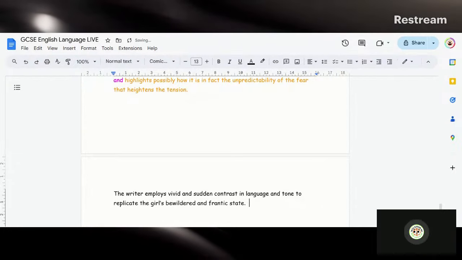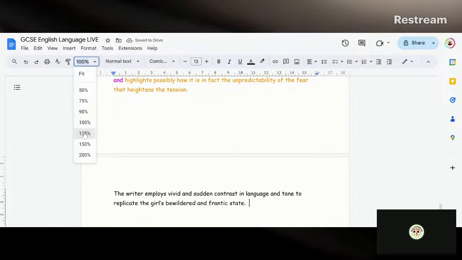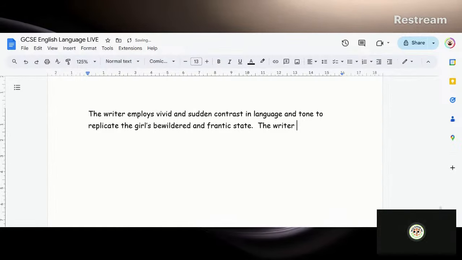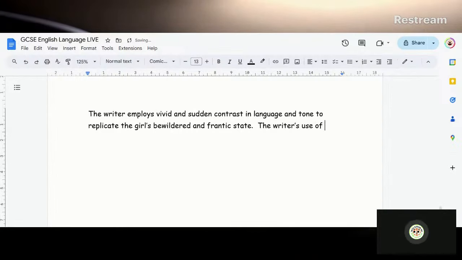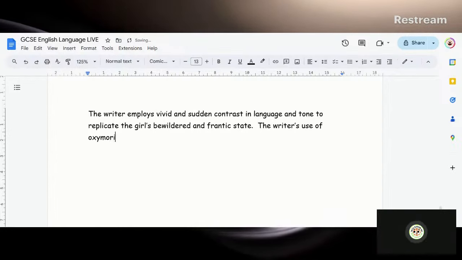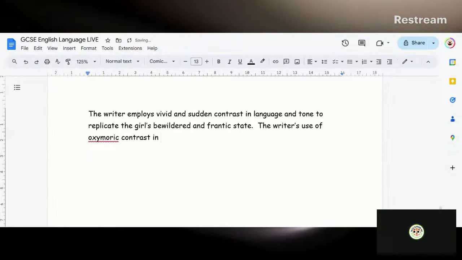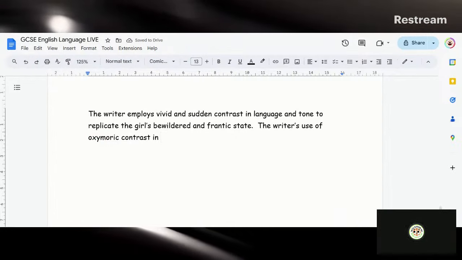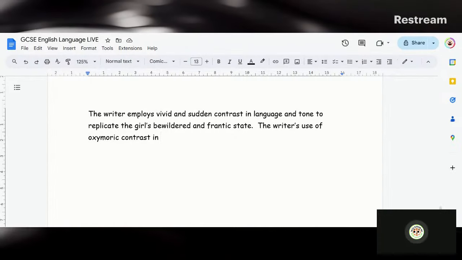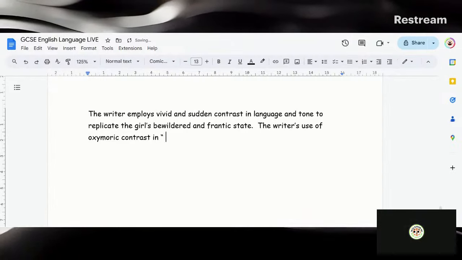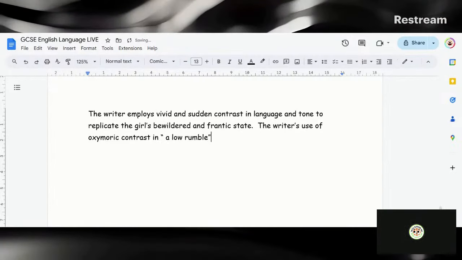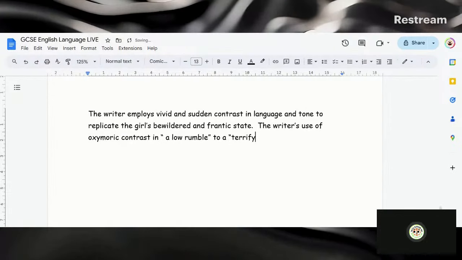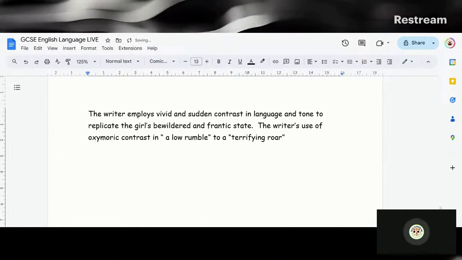Now I can say our evidence for this. The writer's use of oxymoronic contrast in, because it's not exactly oxymoronic, because it's not the contrast between the same phrase, but between 2 different phrases. So in a low rumble to a terrifying roar, and there's also personification in that.